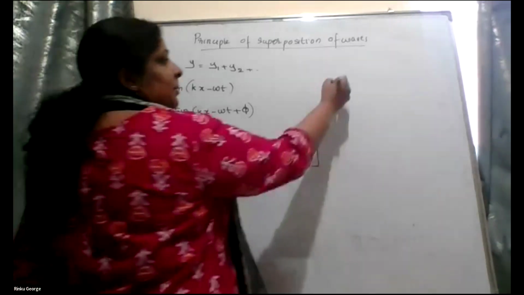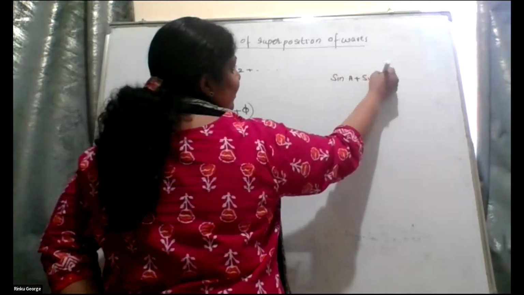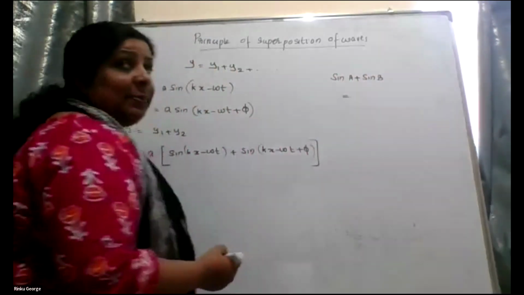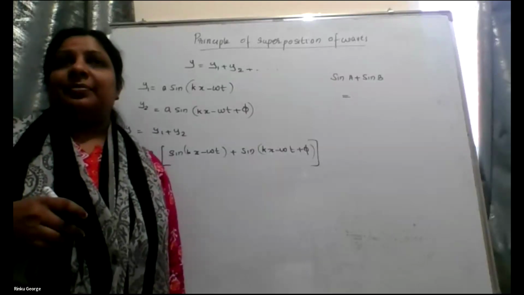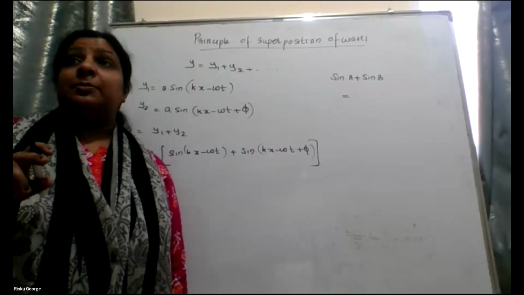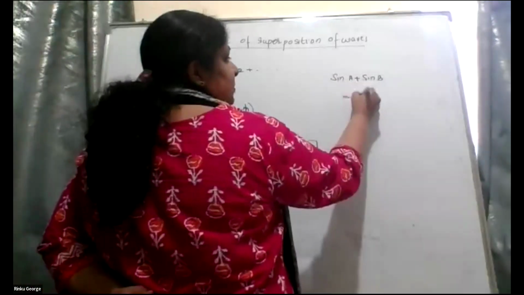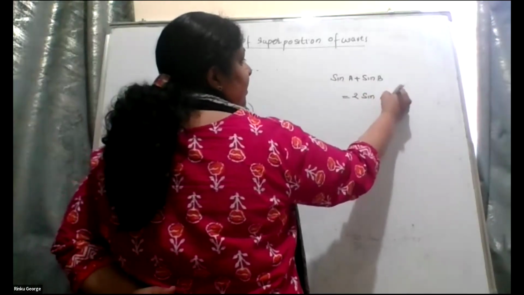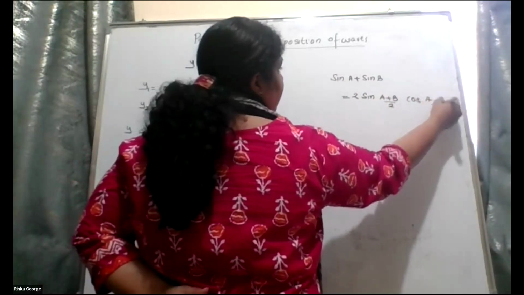Sine A plus sine B is 2 sine((A plus B) by 2) cos((A minus B) by 2).